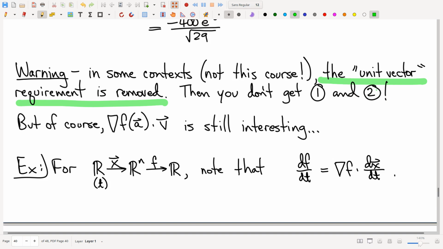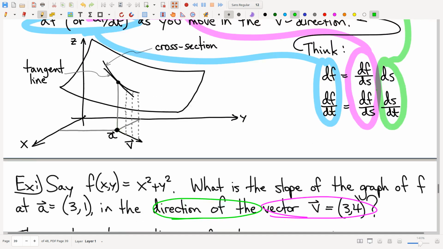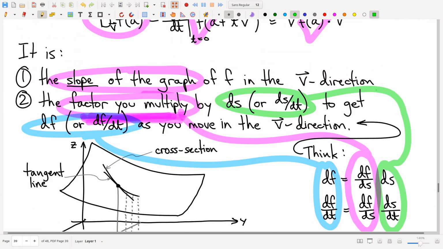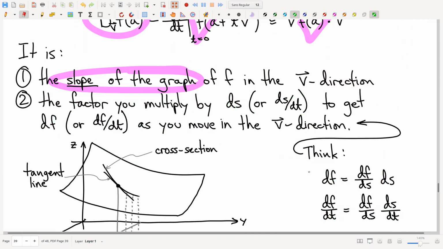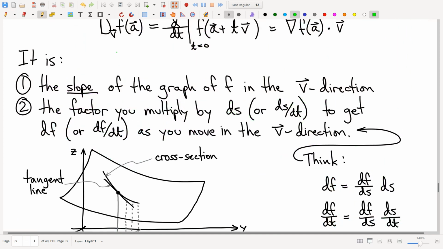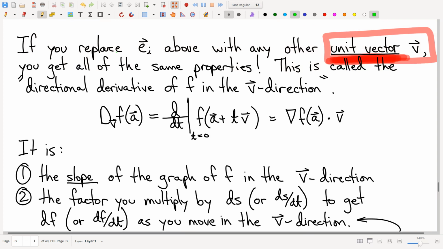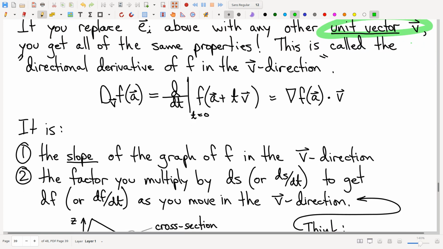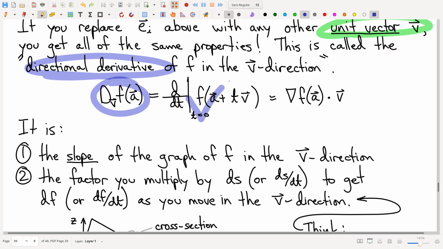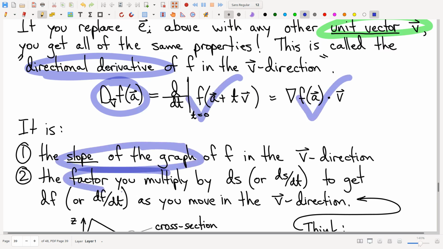And it does. So I want to point out, I'm going to go back to where we were here and clean up this big mess, and I'm going to adjust how this works. Recalling, if you have a unit vector, then the directional derivative is denoted like that, defined like that, computed like that, and it's the slope of the graph, and it's a multiplicative factor, aka df/ds.